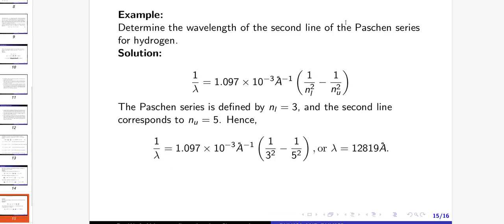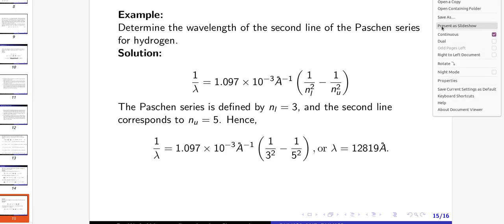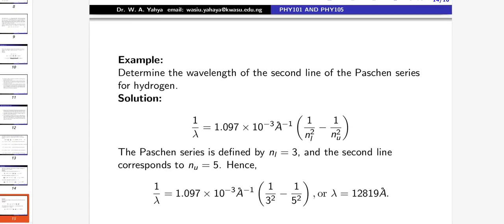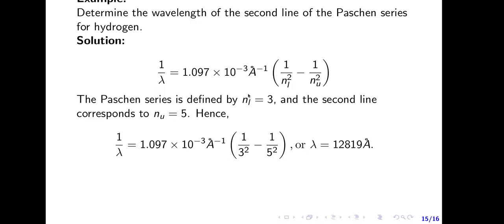Then the second example says: determine the wavelength of the second line of the Paschen series for hydrogen. I explained previously that when they say first line of the series for Paschen, for example, NL is 3. So the first line will be NU equals 4.